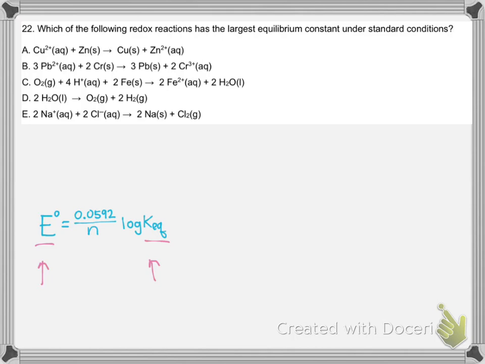And so we just want to figure out what our standard cell potential is, and whichever is the biggest will have the biggest KEQ. So we'll go ahead and figure that out for each equation. So in this top one, we have the reduction of copper, which has a potential of 0.337 volts. And we have the oxidation of zinc, which has a potential of 0.763 volts. So we can add those together and we get a cell potential of 1.1 volts.